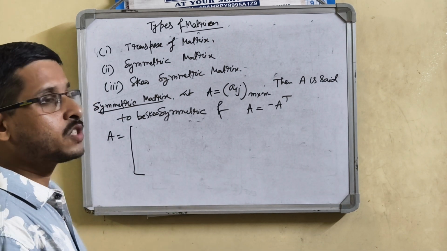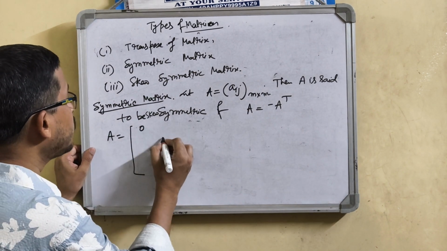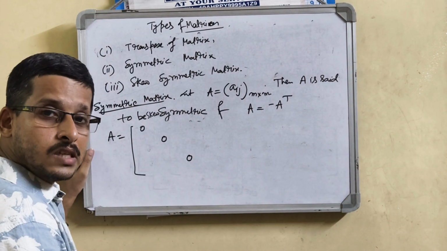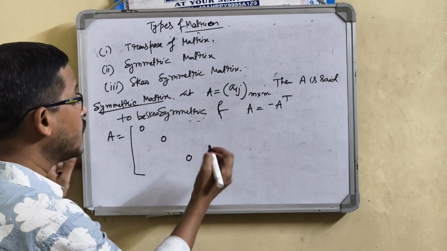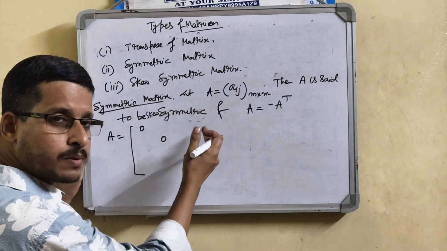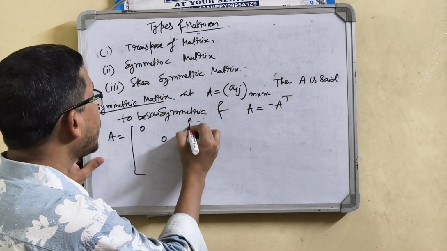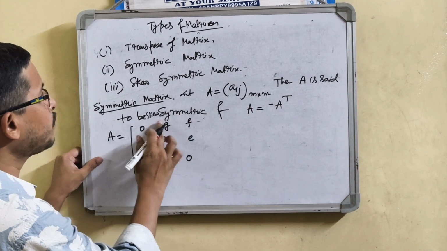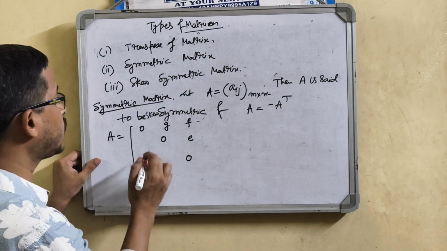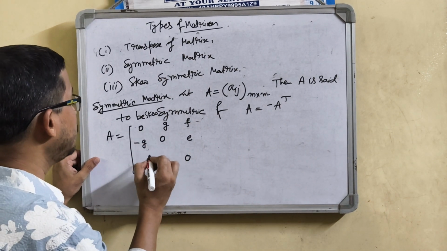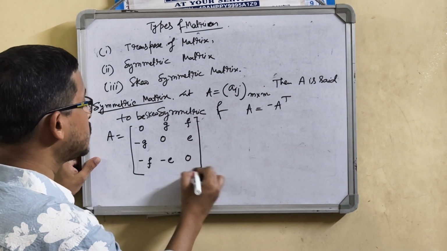For a skew symmetric matrix, all the diagonal members should be 0, and for the off diagonal members, that means the upper portion and the lower portion, if we write E, F, G for the upper part of the diagonal, then the lower part of the diagonal should be minus G, minus F, minus E. This is the difference.